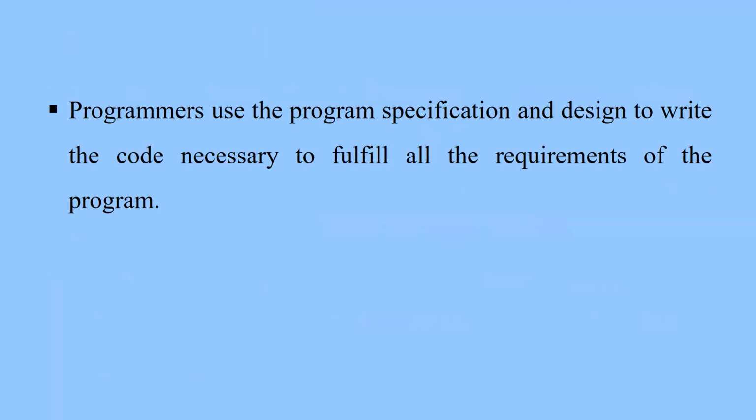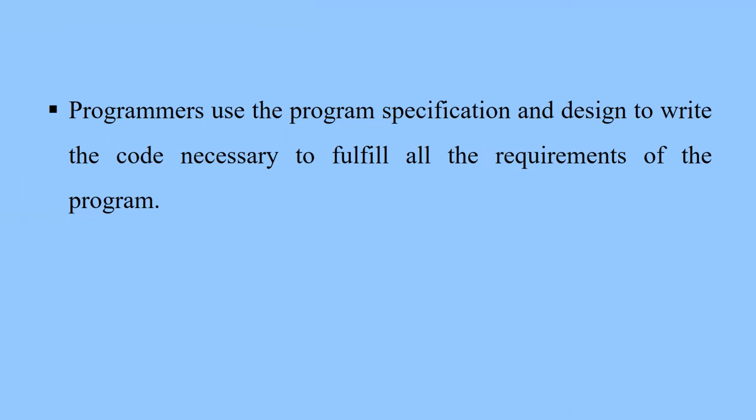The programmers use the program specification and design to write the code necessary to fulfill all the requirements of the program. In other words, before you start writing a program that you want to execute using the computer, you need to take your program through a certain number of steps. Number one, you need to know the problem you are going to solve. Secondly, you need to analyze that problem. Thirdly, you design it.